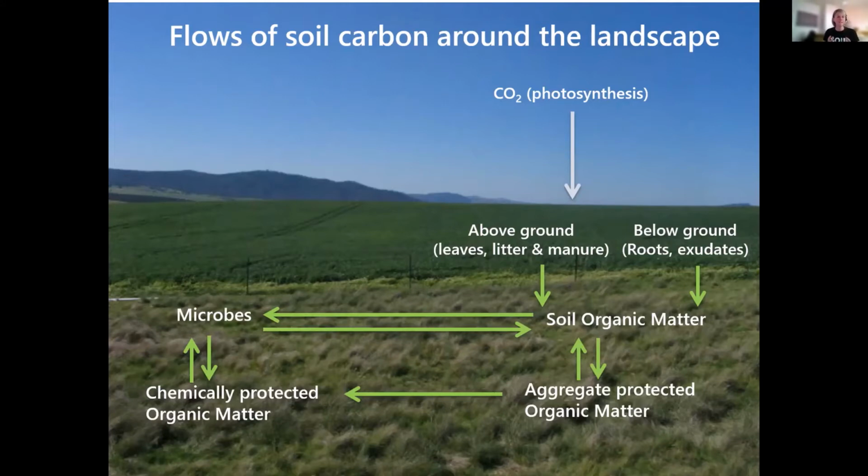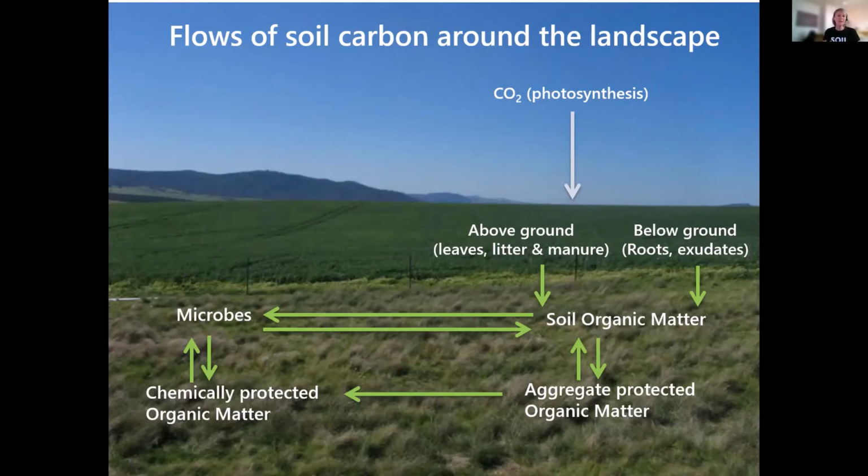It can be protected nice and tightly within a soil aggregate or a crumb of soil. And when I say protected, what that means is it's protected from further decomposition, so it's a longer term store within the soil. Soil organic matter can also be decomposed by microbes, and that's the way that we build humus within our soil, and that's related to a huge amount of functions that we'll talk about throughout this presentation.